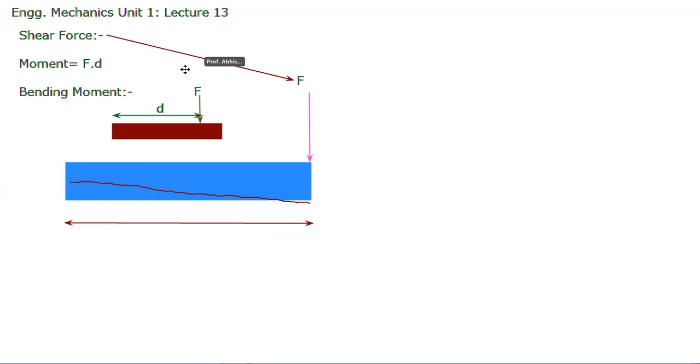Okay. And what is the bending moment here? Bending moment is nothing but the moment created in order to create the support reaction, right? We know Newton's third law of motion, that is, to every action there is equal and opposite reaction. This type of force is creating certain action here, so this object will react to this force, and this is in clockwise direction.